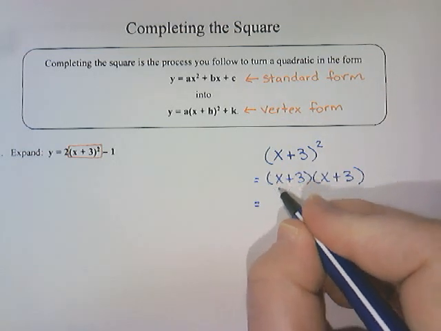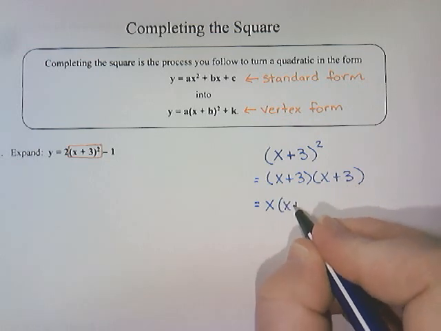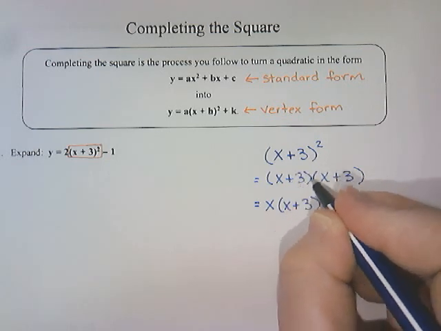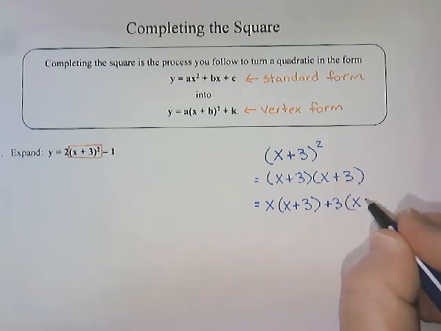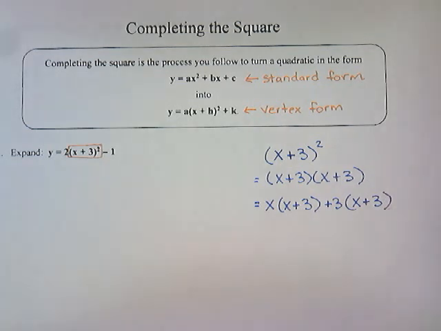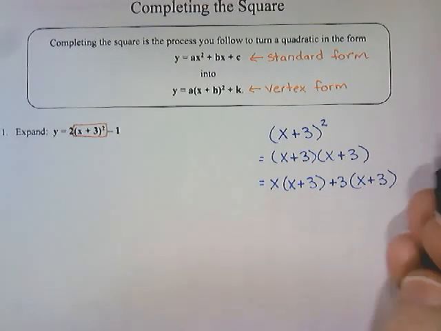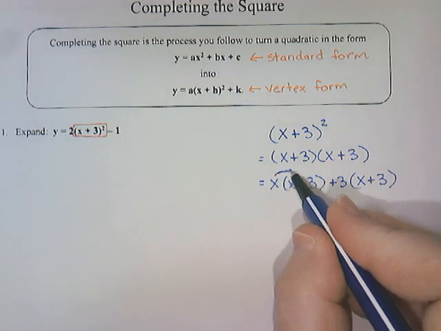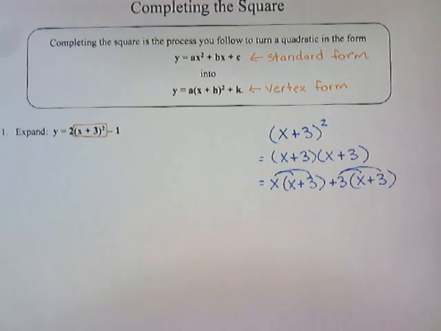I'm going to start by taking x and multiplying by x plus 3. And then we're going to take plus 3 and multiply by x plus 3. From here, we're going to do some distribution. We're going to multiply x by x and x by 3, and then 3 by x and 3 by 3.